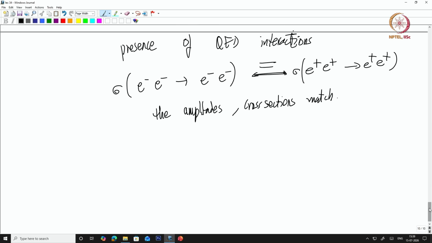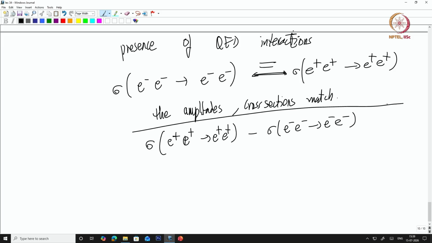This can be traced back to charge conjugation being conserved in QED. So sigma of e+ going to e+ minus sigma of e- going to e-, in QED you can predict this to be 0, because of the discrete symmetry.